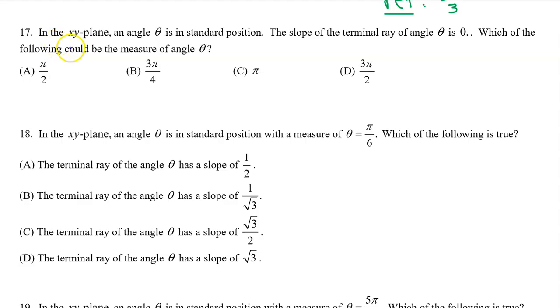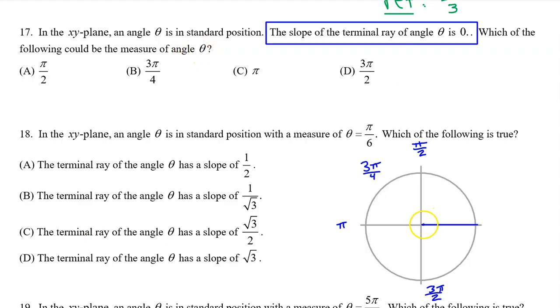Number 17. In the xy plane, an angle theta is in standard position. The slope of the terminal ray of angle theta is 0. Which of the following could be the measure of angle theta? A slope of 0 is a horizontal line. At pi over 2, the slope is undefined. At 3 pi over 4, the slope is negative 1.